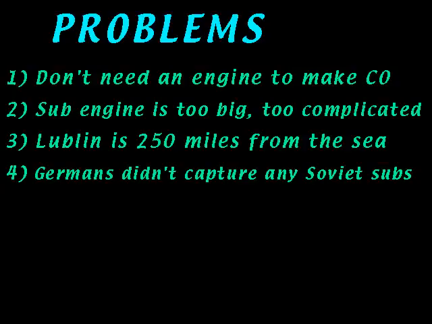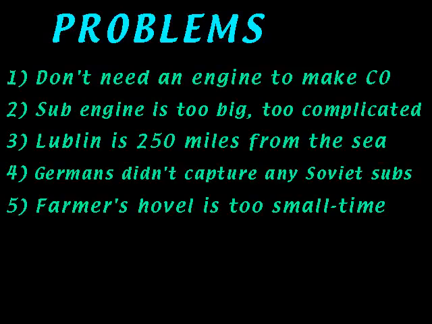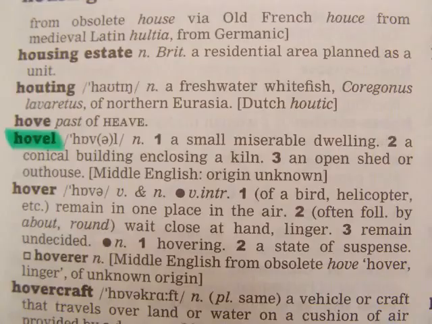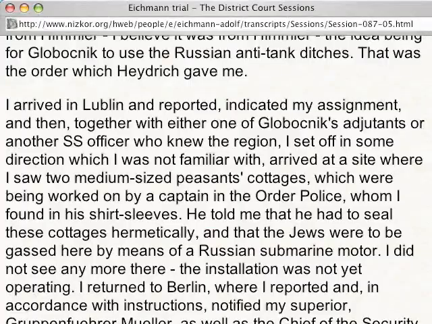Number 5. Farmer's hovel is too small time for a government operation. Hovel, in my Oxford Concise English Dictionary, is defined as small, miserable dwelling, and another translation of Eichmann's testimony calls them peasants' cottages.